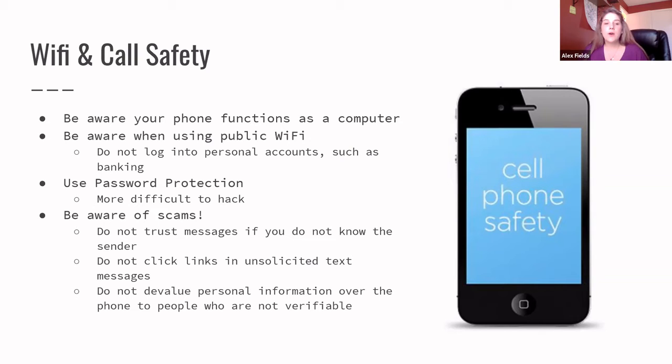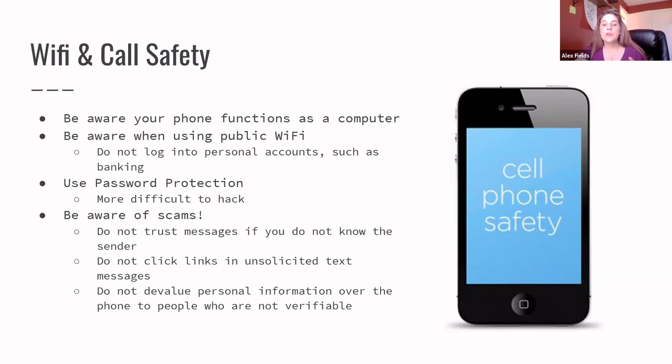You should also, for safety purposes, use password protection. This makes it a little bit more difficult to hack into your phone or for someone to use your phone without your consent. If you left your phone somewhere, they can't just go in and start texting your family members. So you want to password protect your phone, and we'll talk a little bit more about password protection. I believe that's next week.